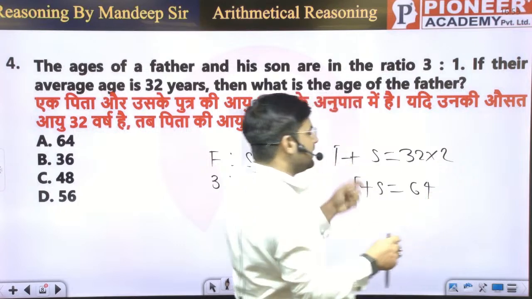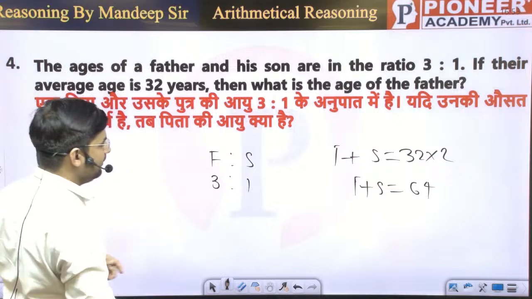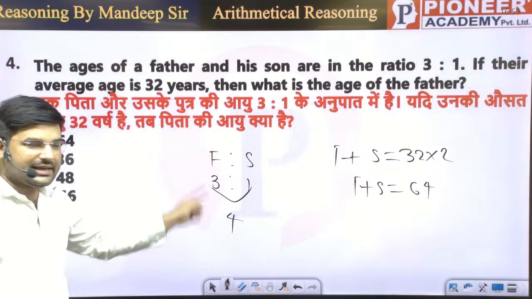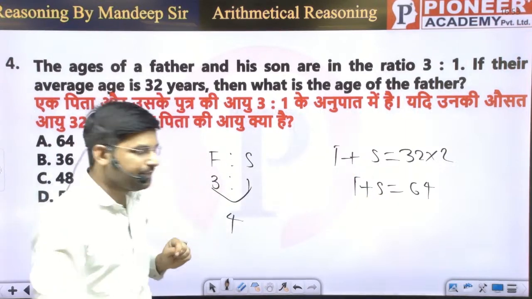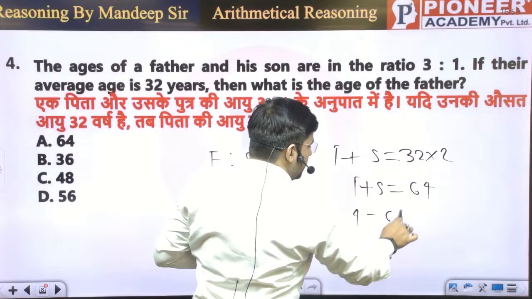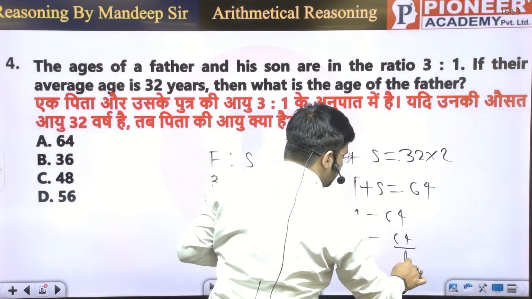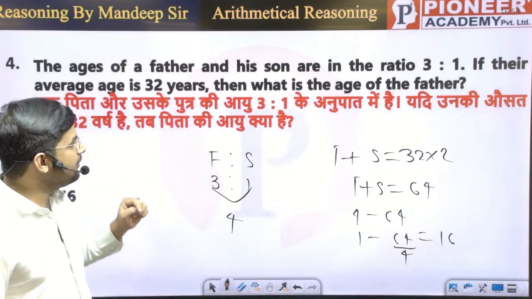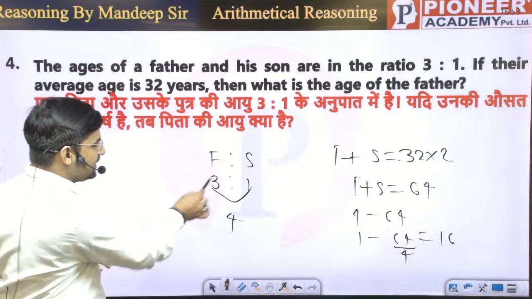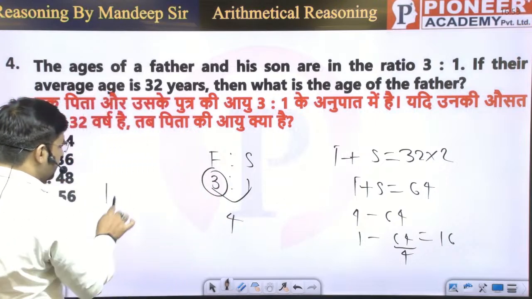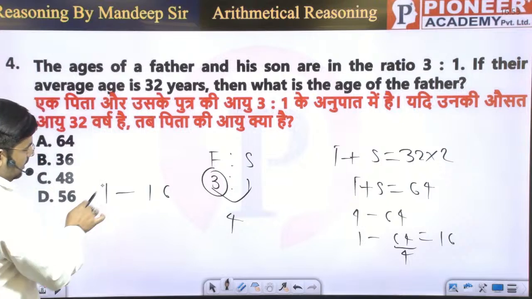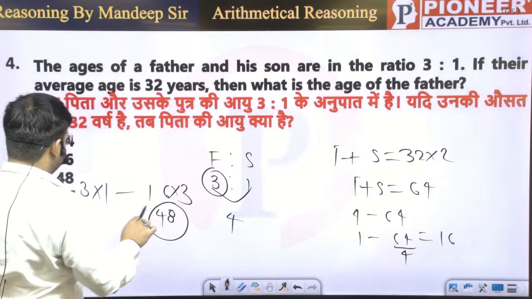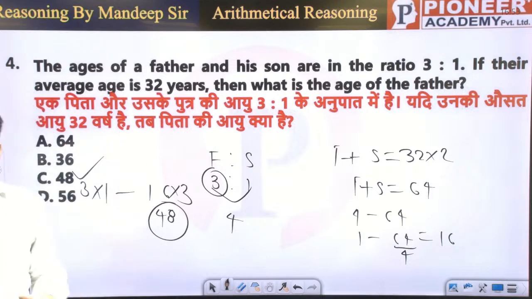The sum of father and son is 4 in ratio. So 4 equals 64, 1 equals 64 upon 4 equals 16. We have to find the age of the father. Father's age is 3, and 1 equals 16, so 3 equals 48. Clear?